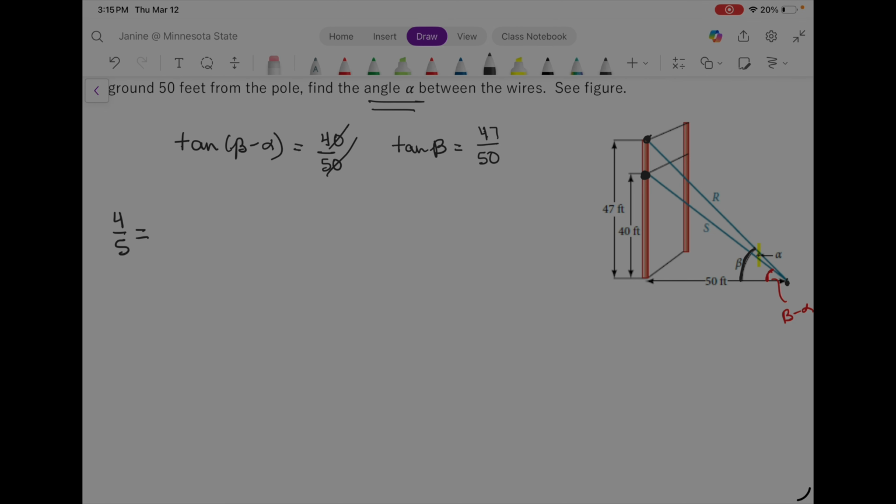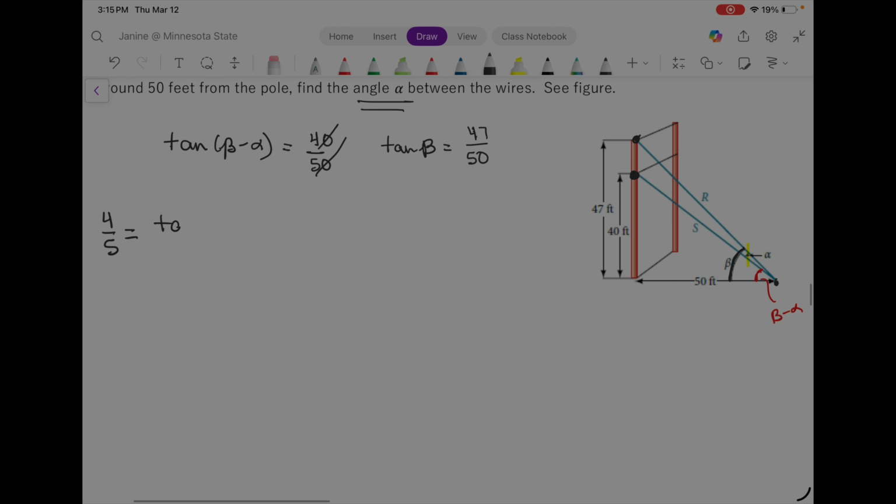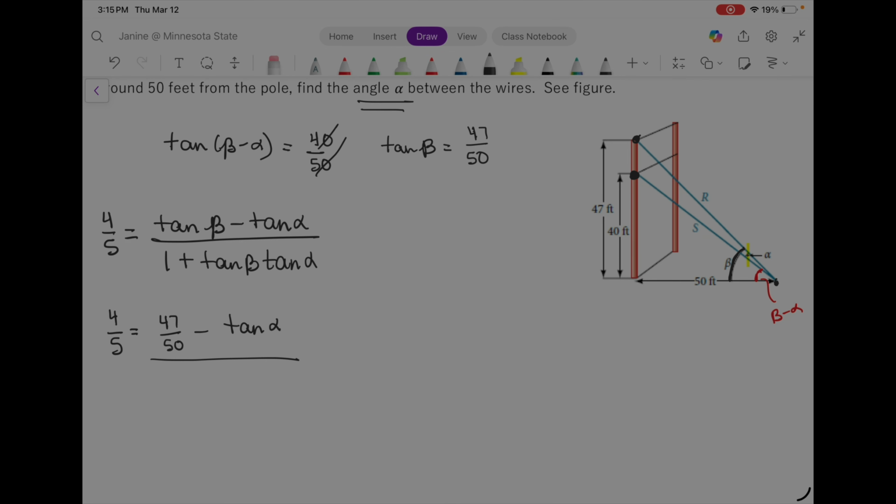How can we rewrite this? Well, tangent beta minus tangent alpha over 1 plus tangent beta times tangent alpha. I don't know tangent alpha, okay? But I do know tangent beta, so I'll fill those in. 47 over 50 minus tangent alpha over 1 plus 47 over 50 tangent alpha.